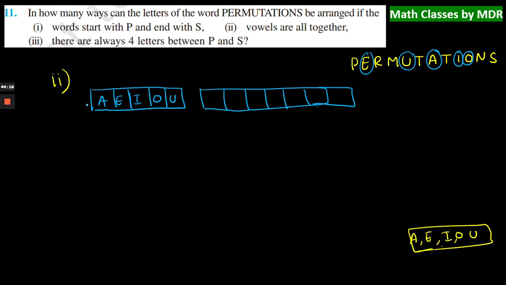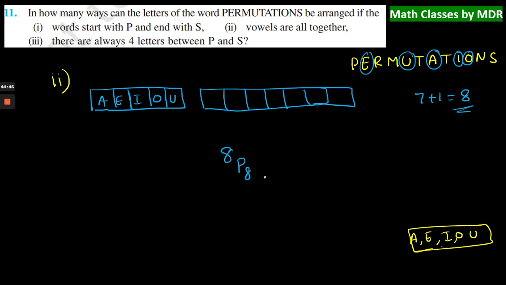They act like one letter. We always have to take them as one letter, and you can include them anywhere. How many letters are remaining? 7. So 7 plus 1, now it is like we have 8 letters. There are 8 letters available. So for 8 letters, how many ways can we arrange them? 8P8 ways, right?